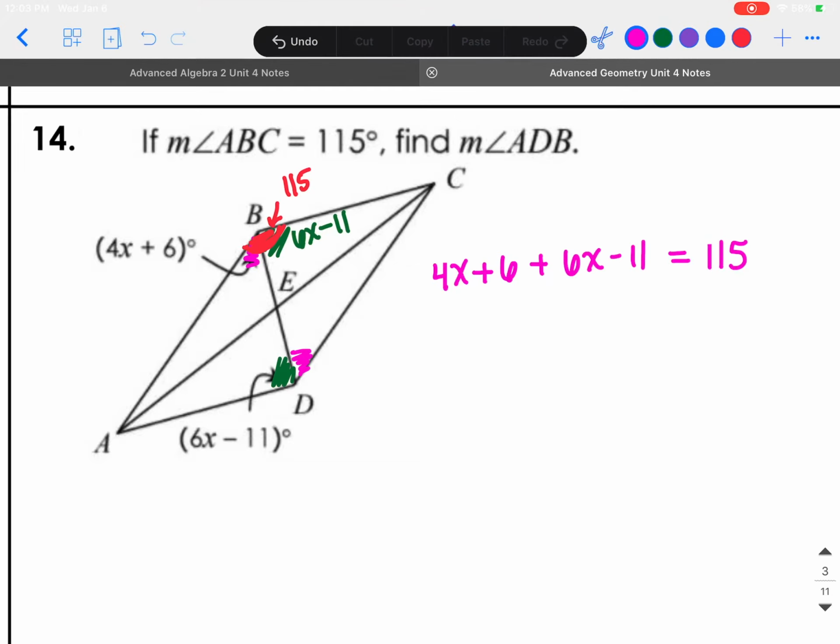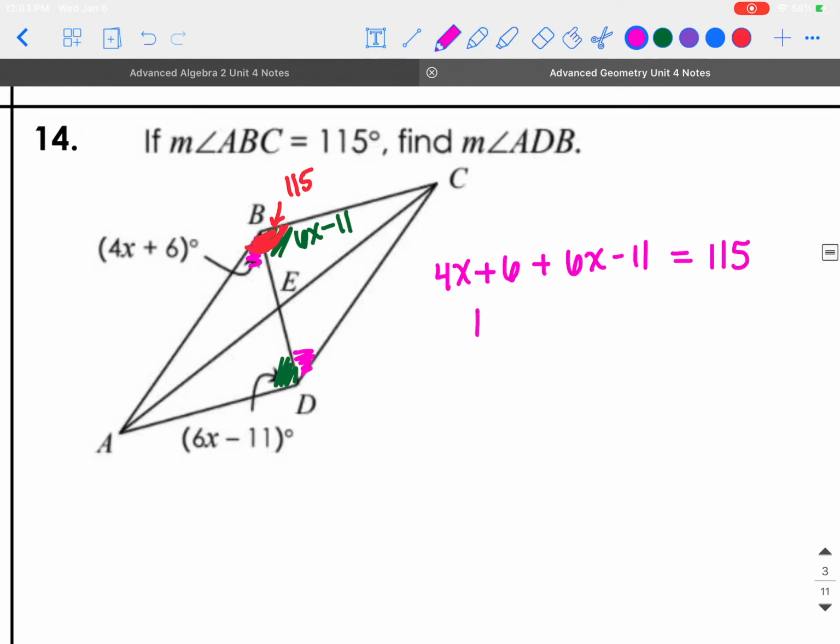Combine your like terms. 10x minus 5 equals 115. And if I add 5 to both sides, we get 10x equals 120.